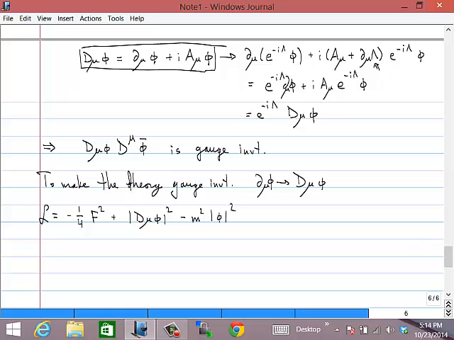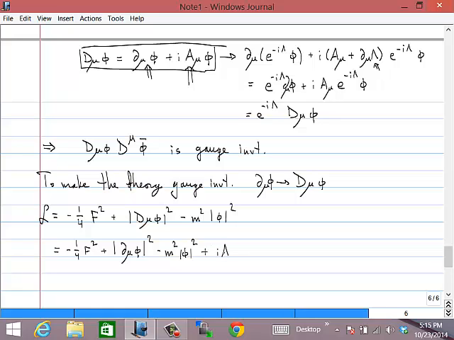And let's just expand this out explicitly just to see what this extra term looks like. If you just expand out that covariant derivative term, what does it look like? Well, the first term will be d mu phi squared, just the usual term, with no coupling between phi and A. And then you'll have minus m squared phi squared. And then the first term will come where you have one A here mixing with one d phi.